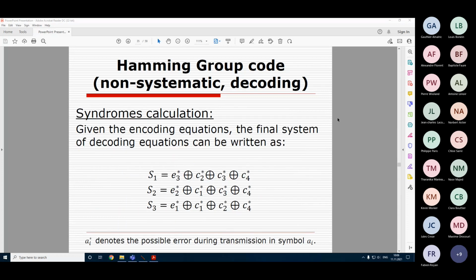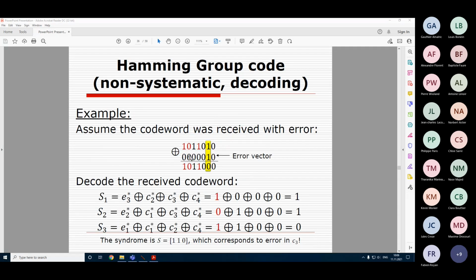So here is our code word. It has an error in this position. So E3 is 1, E2 is 0, E1 is 1. Then we put C2, C1. Well, basically fill in this equation with real data from this code word.